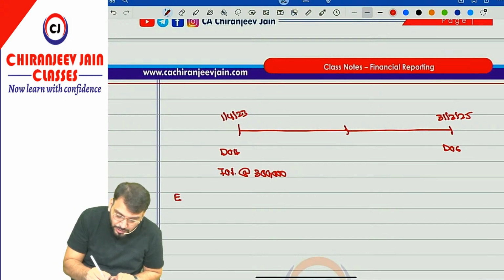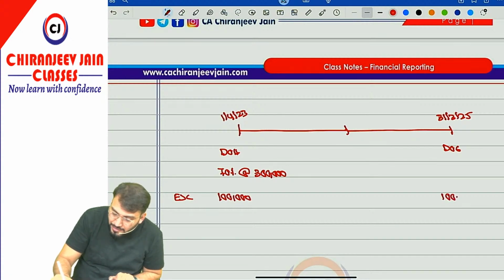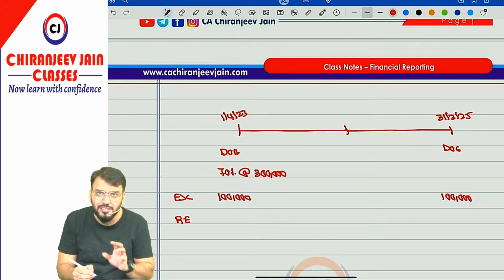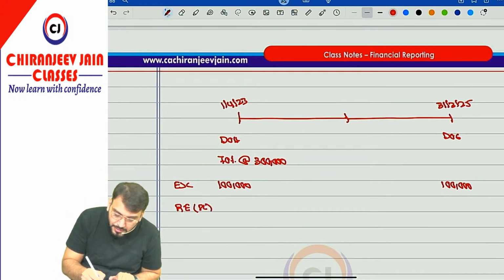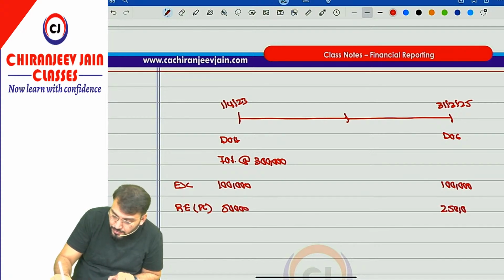Now they have given equity share capital on this date as 1 lakh, and this is also 1 lakh. They have given retained earnings, or PL account, of 50,000 and 2,50,000.